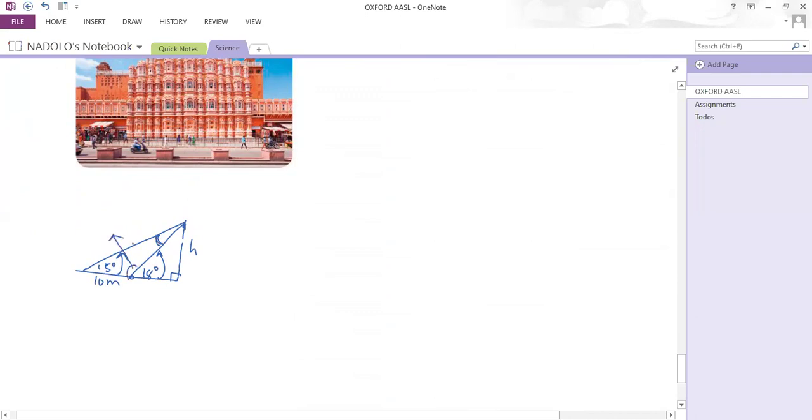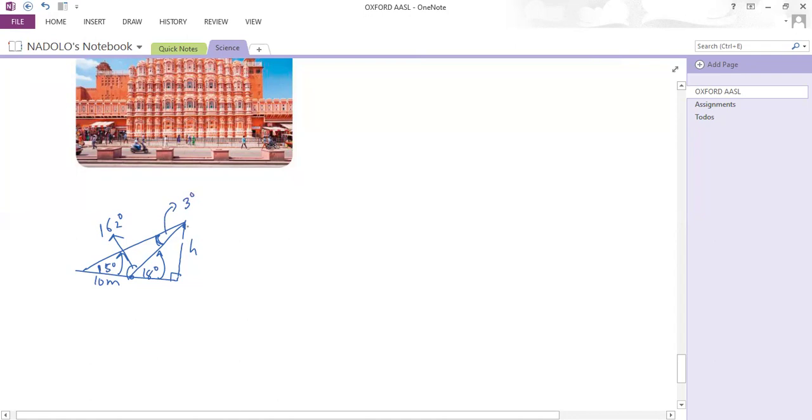Because angles in a straight line add up to 180, if you subtract 18 from 180, you get that this angle is 162 degrees. And because you already have 15 and 162 degrees, you find the remaining angle up there by subtracting the sum of those two angles from 180. So this angle is 3 degrees.